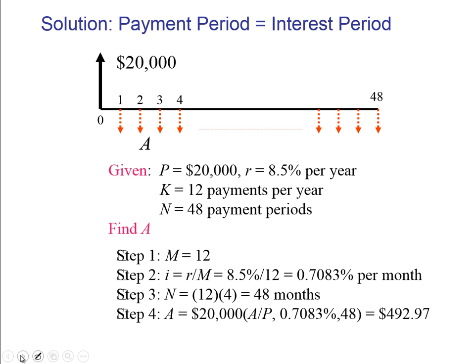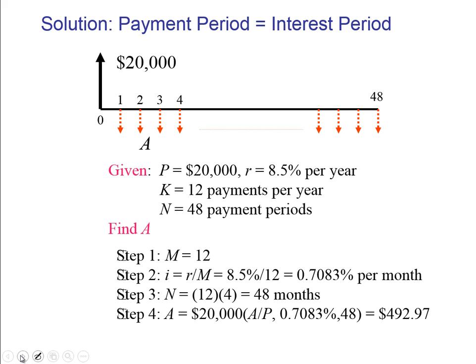The total number of payments for the whole amount is 48 months. So you are returning the $20,000 over 48 months. The monthly interest will equal 8.5% divided by 12, which is 0.7083% per month.